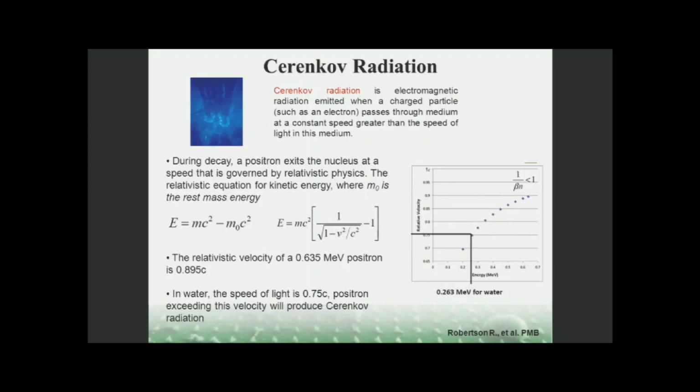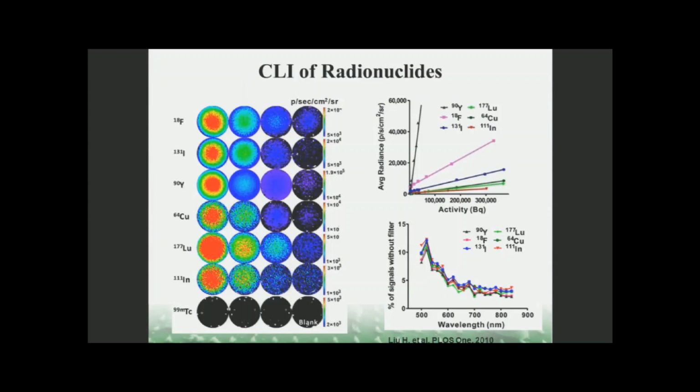That's why many positrons and many charged particles can produce Cerenkov photons. Here is what we showed before: different radionuclides can produce Cerenkov photons and be used for imaging. This is just regular luminescence imaging. But for the gamma emitter technetium-99m, you don't see any signal from this kind of radionuclide.